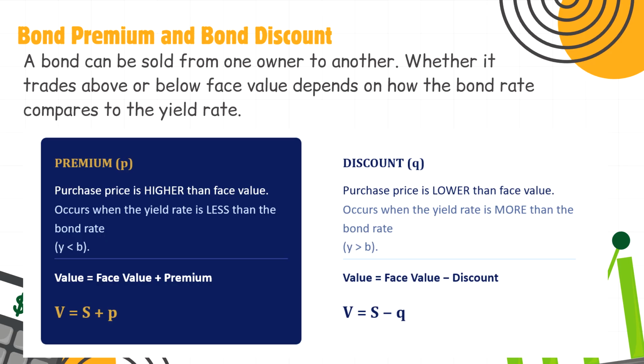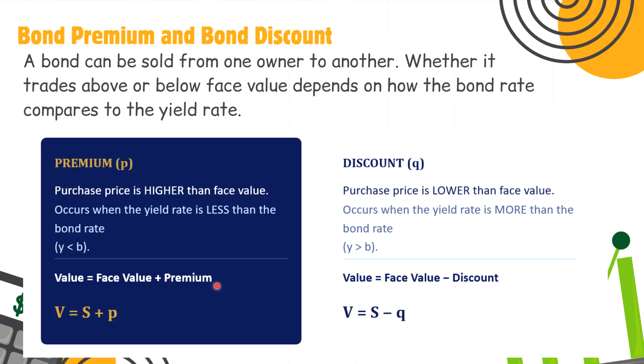Now, if the purchase price is higher than the face value, then that is premium. It occurs when the yield rate is less than the bond rate. Then, if it is the premium, the value is equal to face value plus the premium.